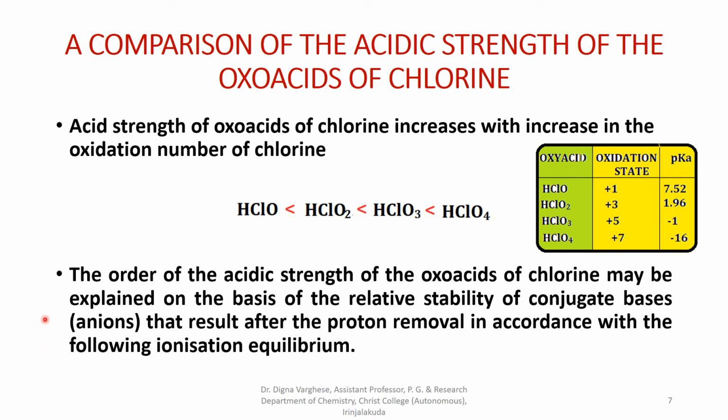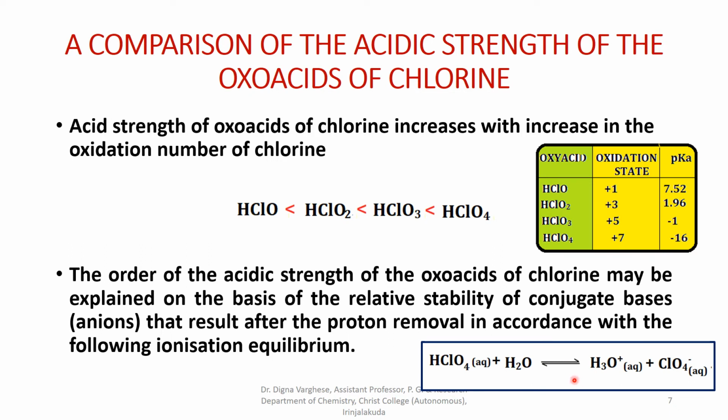The order of the acidic strength of the oxoacids of chlorine may be explained on the basis of the relative stability of its conjugate bases that result after the proton removal, in accordance with the following ionization equilibrium. That is, the conjugate base is formed by the ionization reaction.